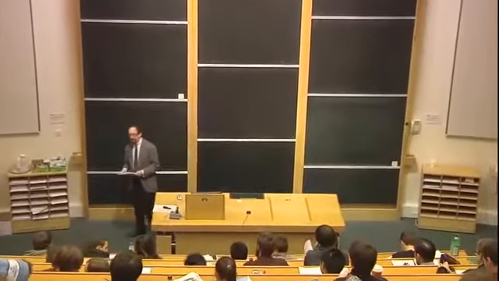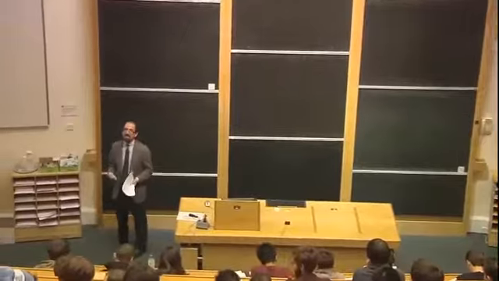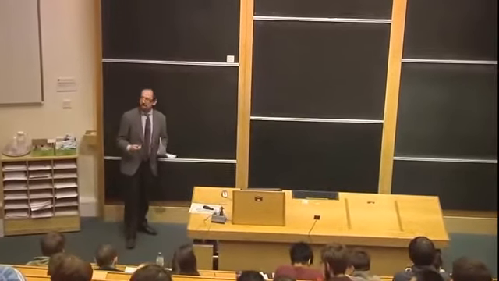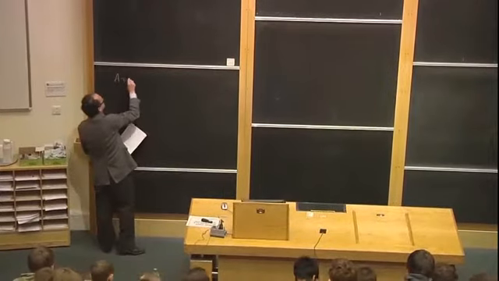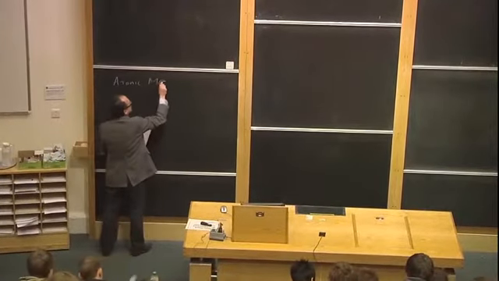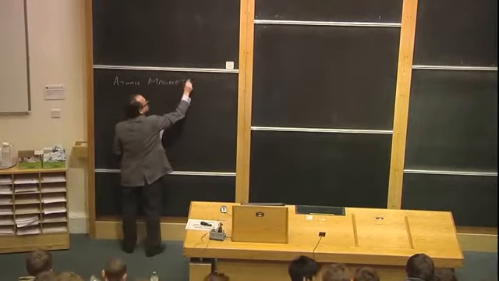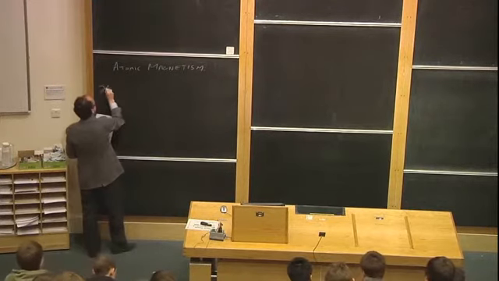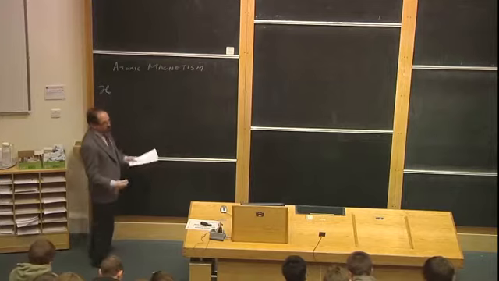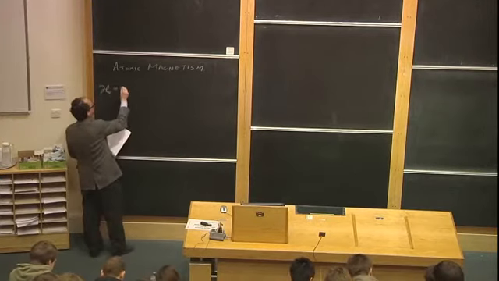So when we left off last time, we were talking about magnetism, and we decided a good place to start thinking about magnetism was one atom at a time. So we're really thinking about atomic magnetism. And we had written down the Hamiltonian for one electron in one atom in a magnetic field.